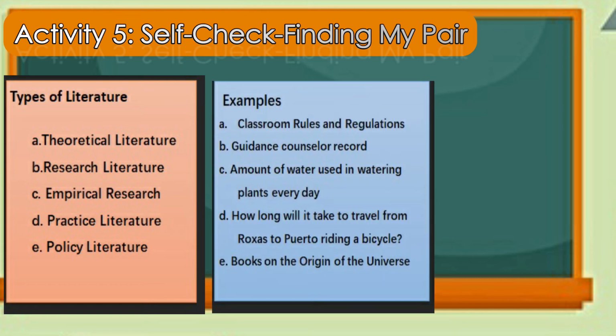A, classroom rules and regulations. B, guidance counselor record. C, amount of water used in watering plants every day. Letter D, how long will it take to travel from Rojas to Puerto riding a bicycle? Letter E, books on the region of the universe.